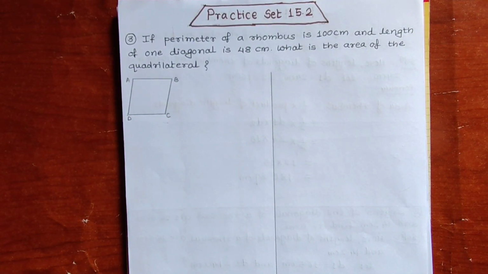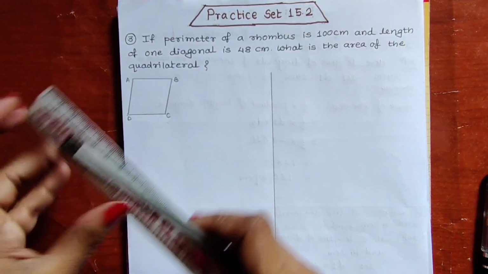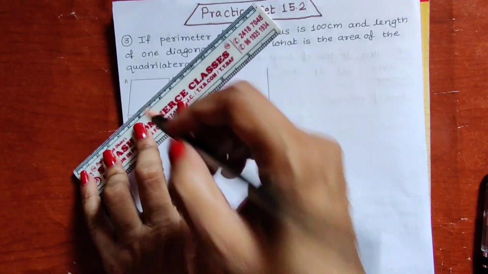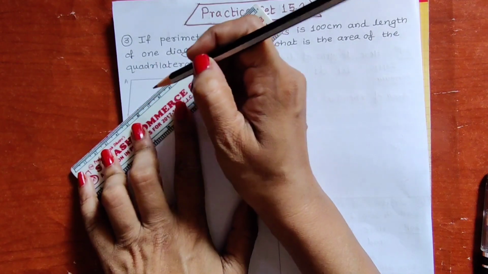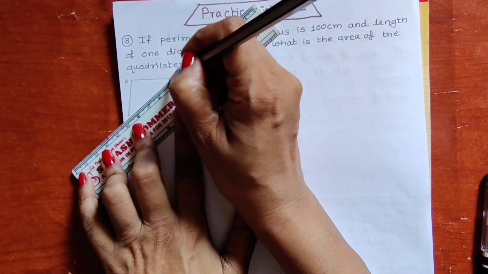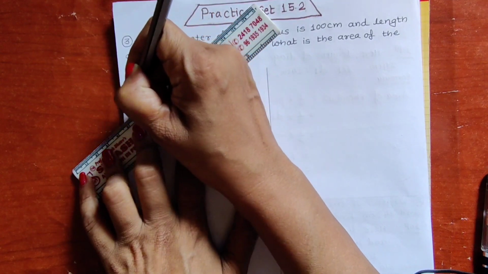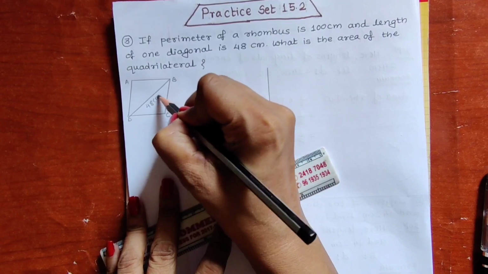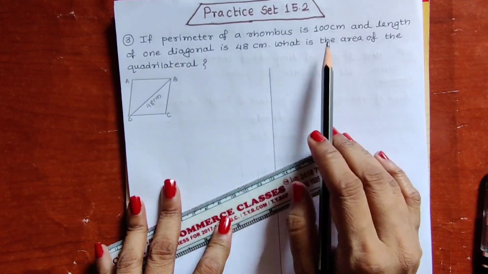As you all can see, I have drawn one rhombus here, rhombus ABCD. We can draw one diagonal. This can be one diagonal, BD can be the one diagonal. Here I am drawing. So this is one diagonal which is 48 centimeter, and perimeter is given.